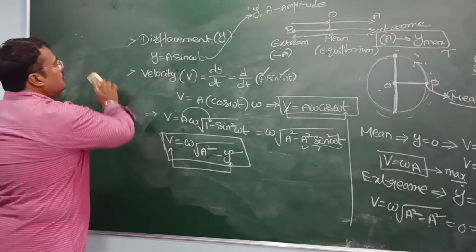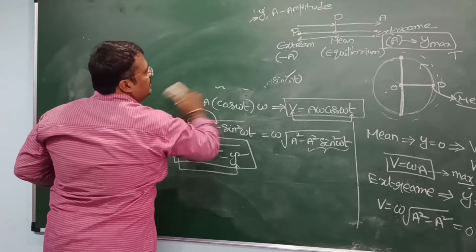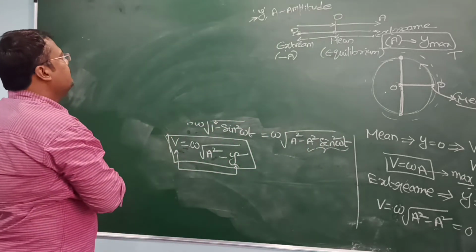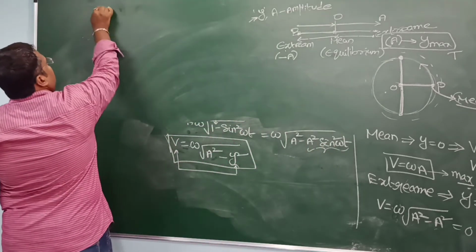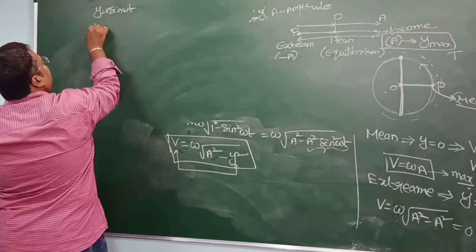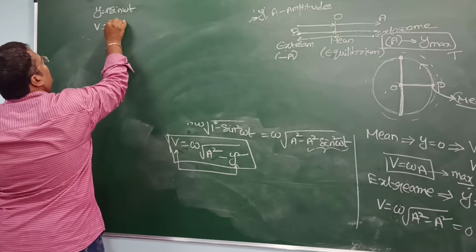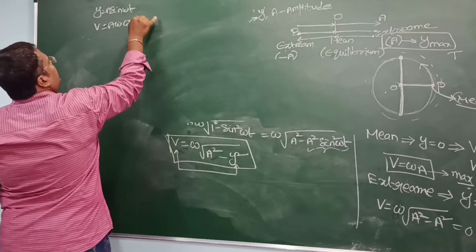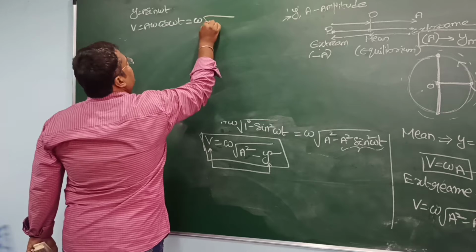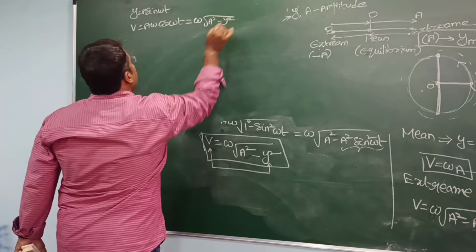Then let us go to the next parameter, that is acceleration of a particle. So y is equal to a sin omega t and v is equal to a omega cos omega t, and that is equal to omega square root of a square minus y square.